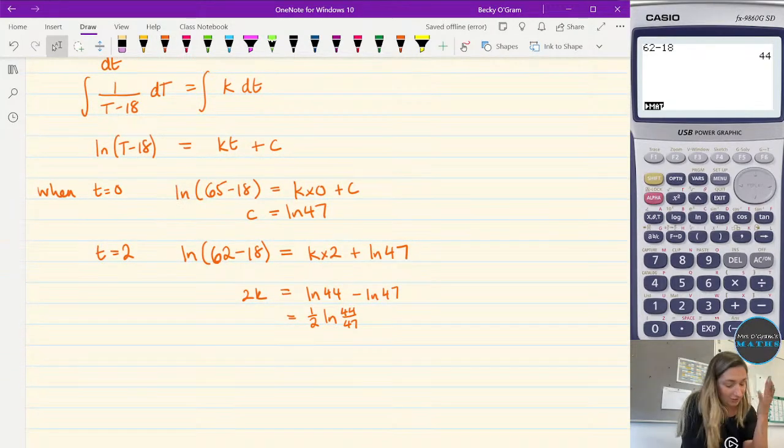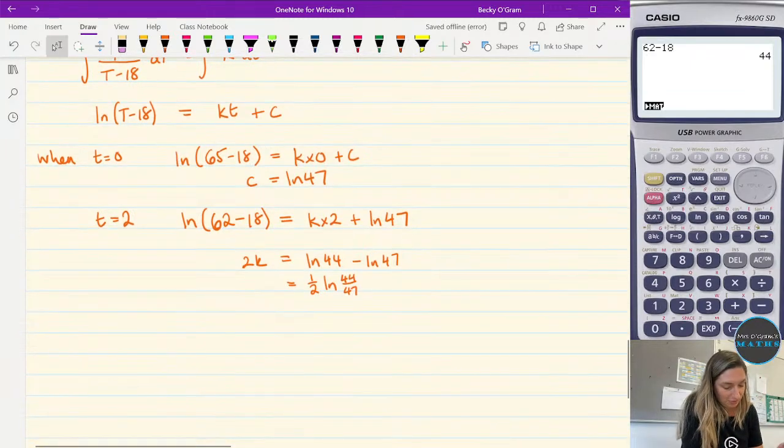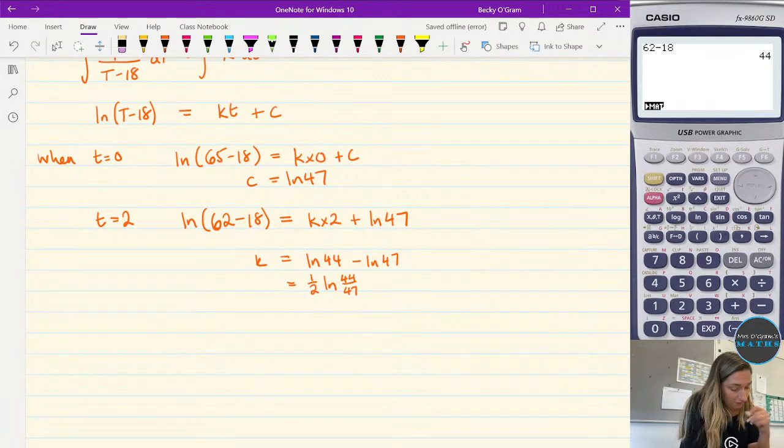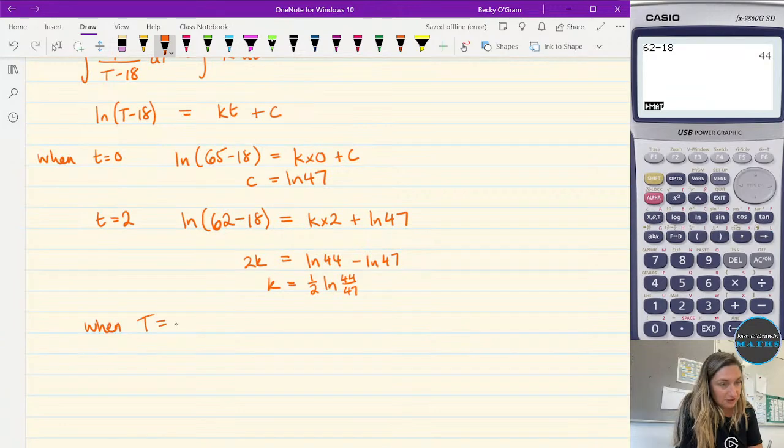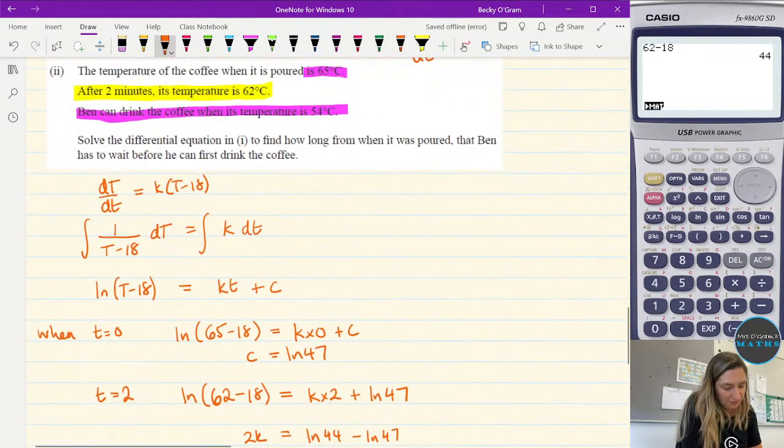I wonder if I was just inputting it into the wrong piece by mistake. Okay, so k is equal to half of 2k equals that, so k equals half of natural log 44 over 47. Okay, now when the temperature gets to drinkable, what was that, 54, I think it was?